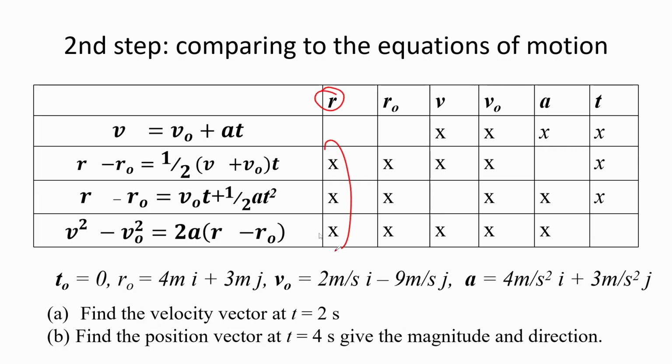So these are the equations na of concern. So we have R naught. Obviously, we have R naught. We have V naught. And we have what else? We have the time. And we have the time.